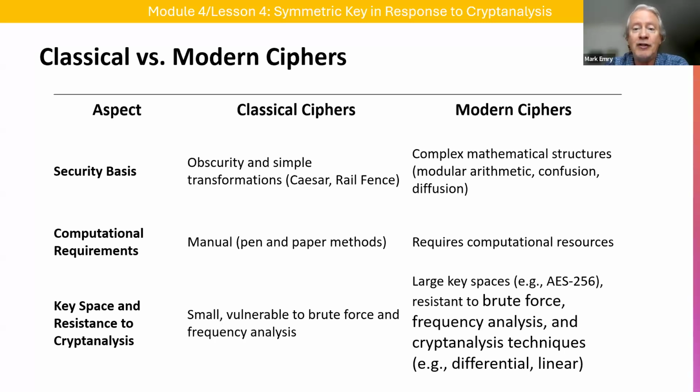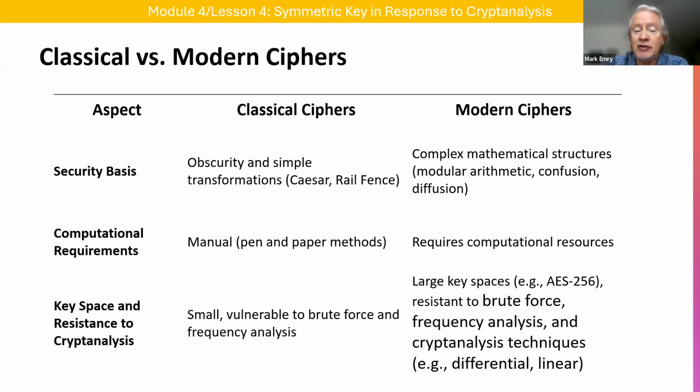Modern ciphers, however, use complex mathematical structures, modular arithmetic, confusion, and diffusion. When speaking about computational requirements, classical ciphers can be computed manually, with pencil and paper, where modern ciphers require computational resources for encryption and decryption.